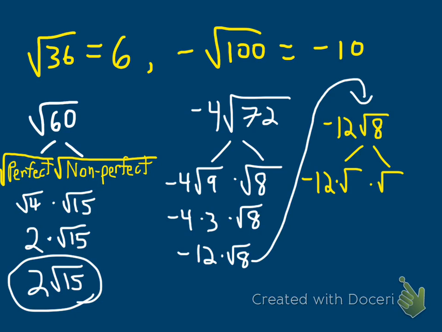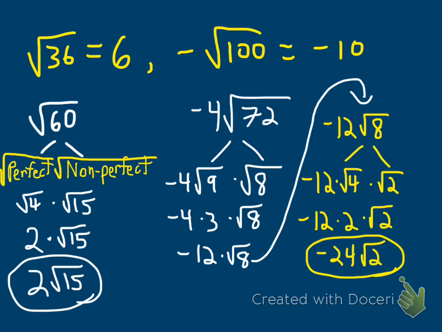There is a factor of 8 that's a perfect square, and that's 4. So we need to keep simplifying. The square root of 4 is 2. Negative 12 times 2 is negative 24. And this square root of 2 just stays as is because that's not a perfect square. So finally, negative 4 square root of 72 simplifies down to negative 24 times the square root of 2.